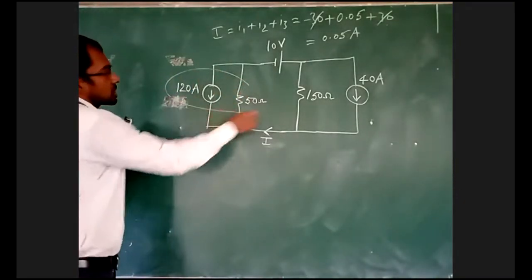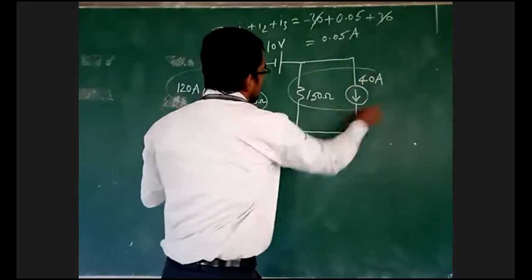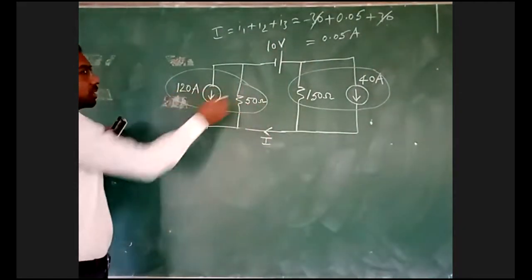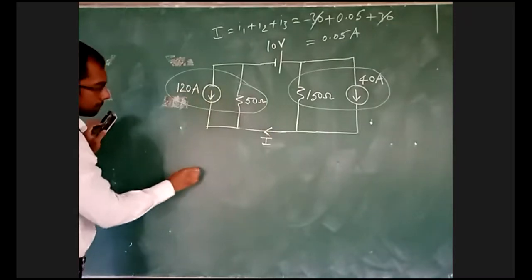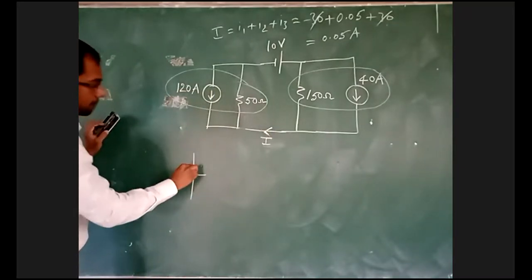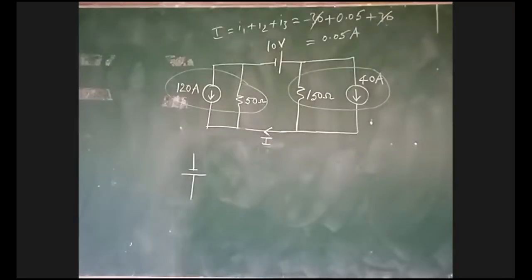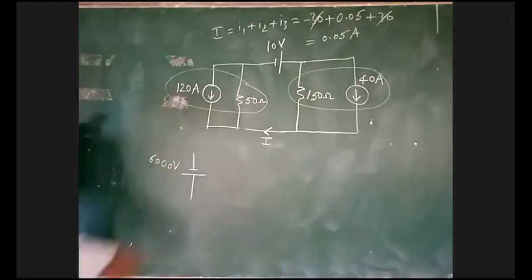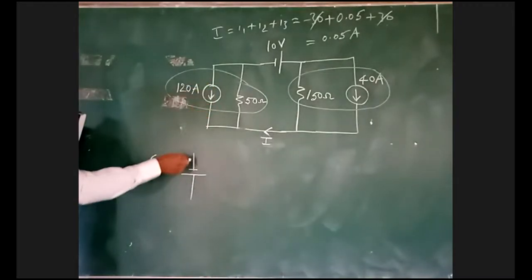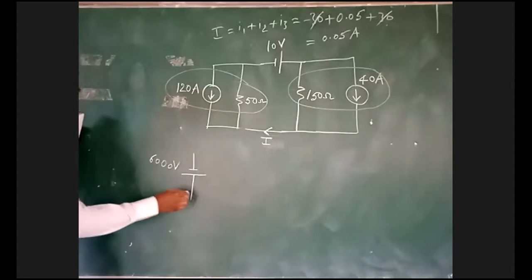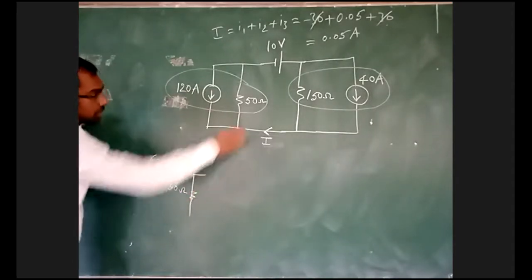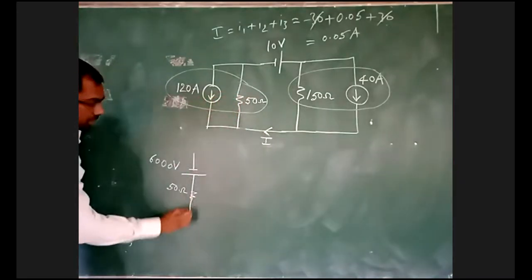Convert this into voltage source. 120 into 50, V is equal to I into R, how much? 6,000. See, the arrow is downward, so from negative to positive current will flow. Whatever resistance is in parallel with the current source, I am keeping it in series.